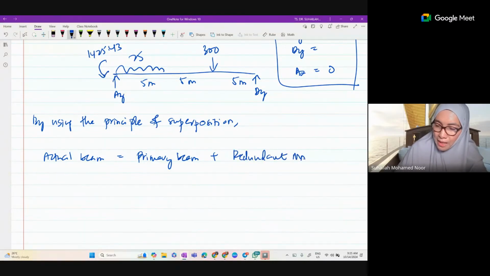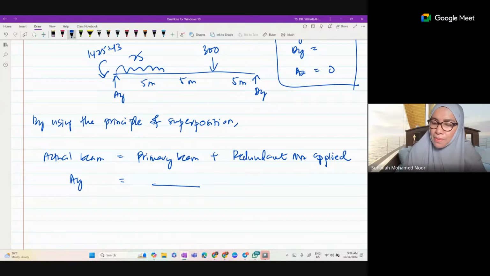Redundant MA applied. Okay, in actual beam we want to calculate AY. In primary beam dah ada AY, and in redundant beam also dah ada AY. But don't forget, in redundant beam mesti kali dengan MA. Kali balik dengan nilai MA tu.